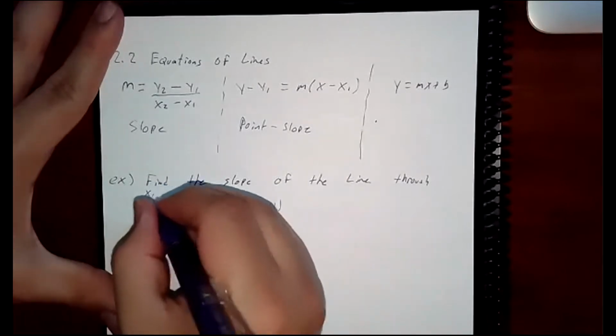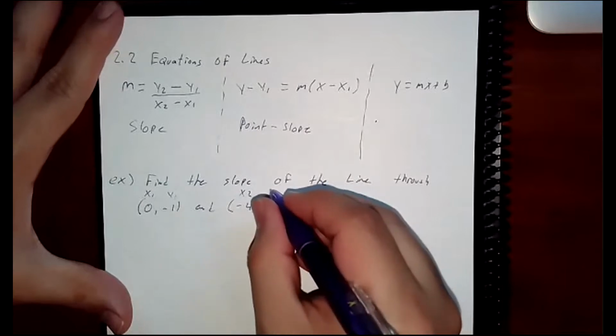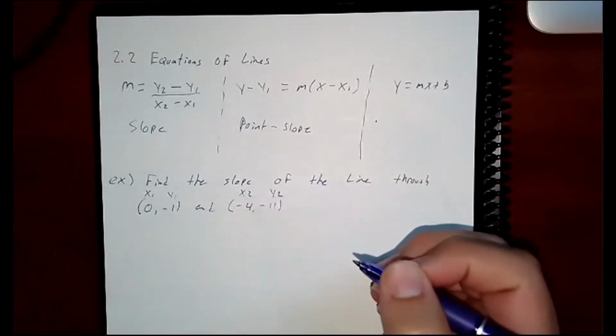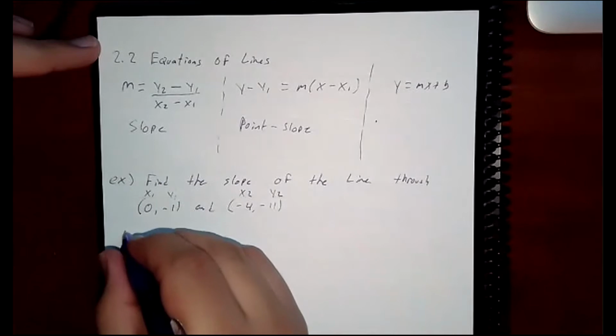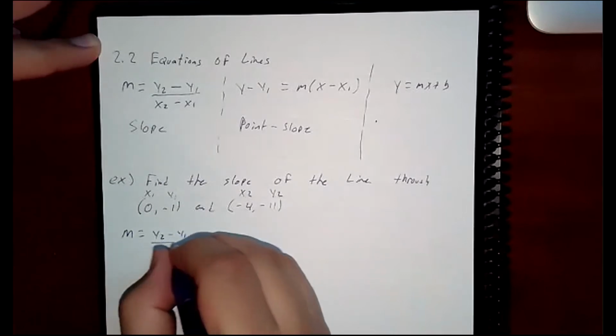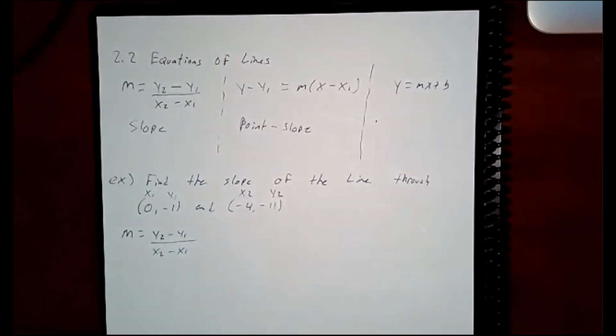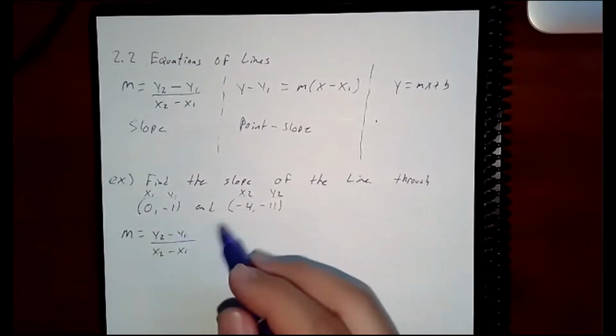So I'll call the first one x1, y1. Second point is x2, y2. So now you should know where everything goes for the formula. So you go y2 minus y1 over x2 minus x1. So just plug it in, and just remember these signs are built in.